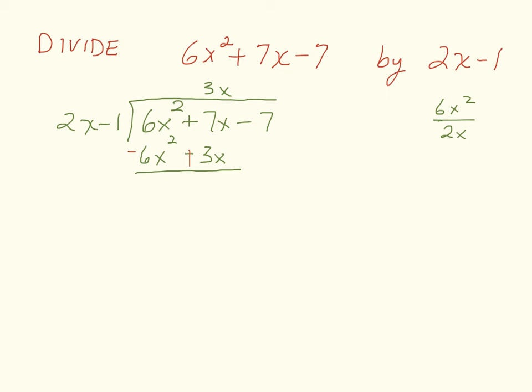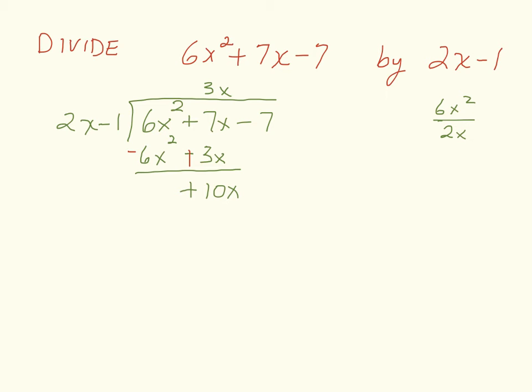If it's positive, it changes to negative. If it's negative, it changes to positive. So now you combine them. What's 7x plus 3x? That gives you positive 10x. Now 6x squared minus 6x squared gives you 0.